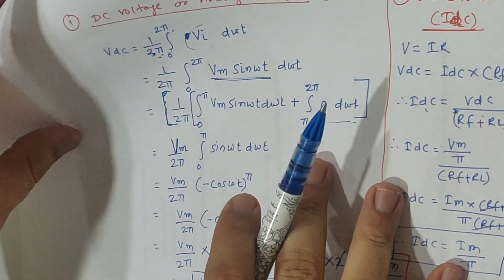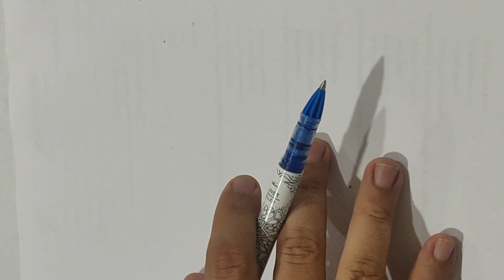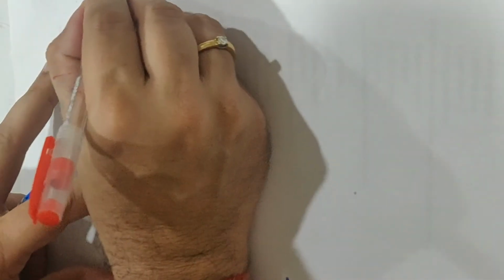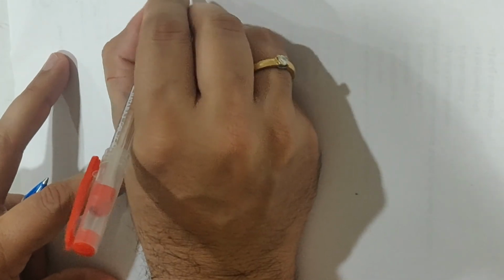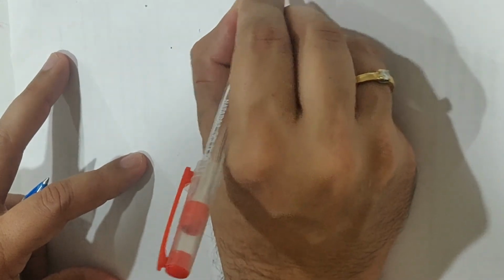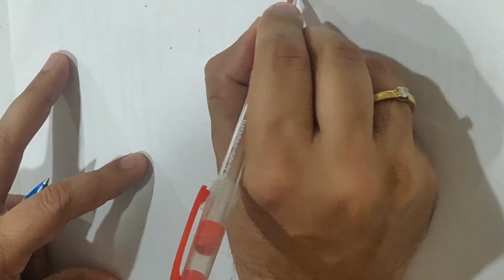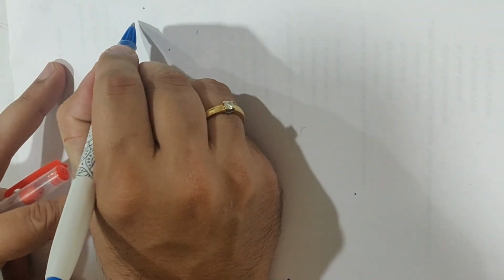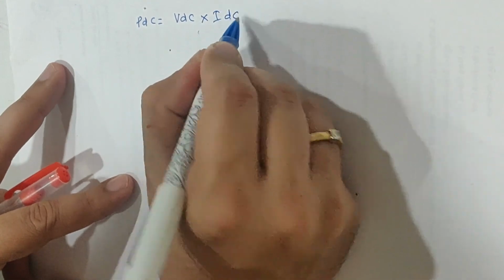Now in the next part we need to calculate the power, DC power. Okay, so I will be writing our third parameter, which is called as DC power, PDC, or I can also write output DC power, represented by PDC. Now by simple power formula, I will write PDC is equal to VDC into IDC.